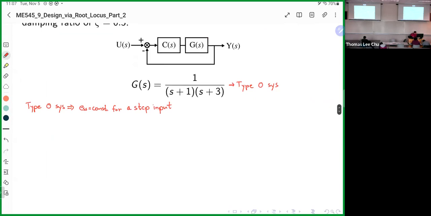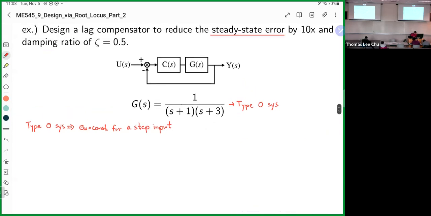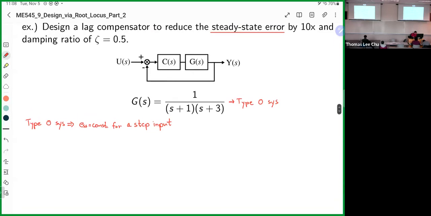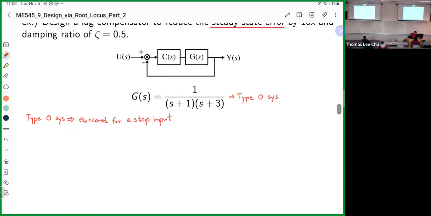Now, usually I'd say we could just go on MATLAB and determine the gain for the corresponding system to have 0.5 damping ratio and figure out the steady state error based off of that.